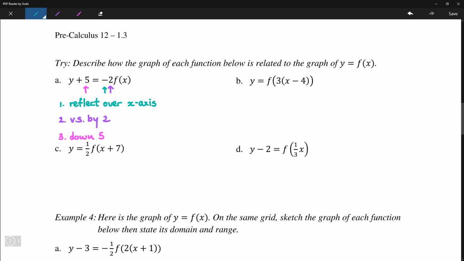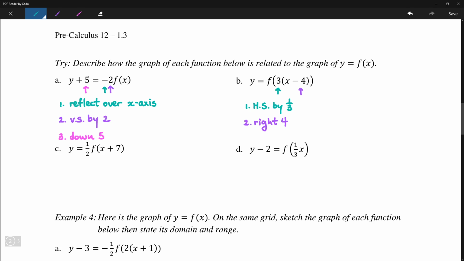Next up, we have a 3, and then a -4, and that's it. So the 3 is a horizontal stretch by 1/3, not 3. We need to be careful there. And then the -4 means right 4 spaces.